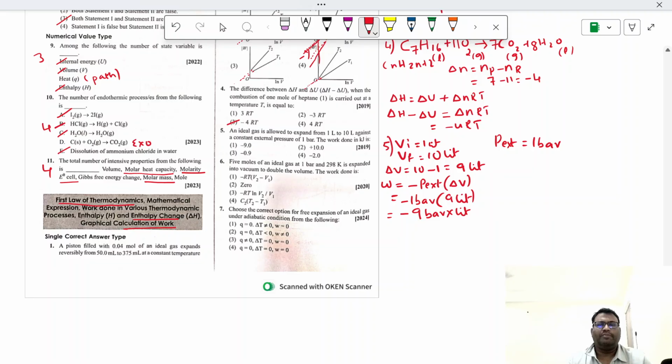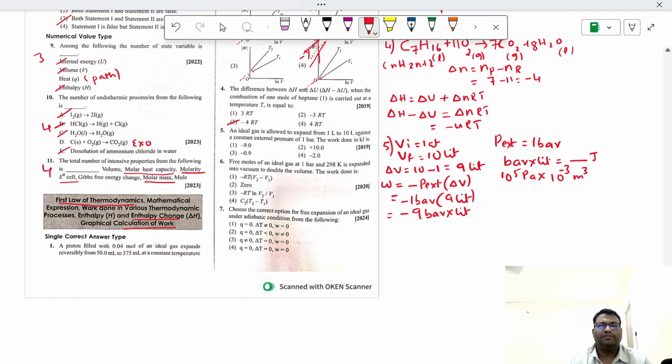So 1 bar into liter is equal to how many joules? 1 bar is equal to 10 power 5 Pascal, and 1 liter is equal to 10 power minus 3 meter cube.